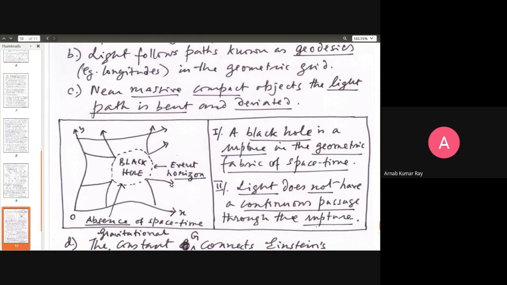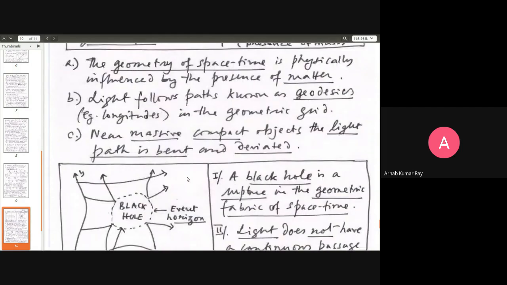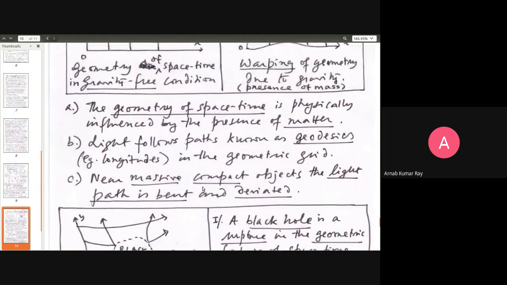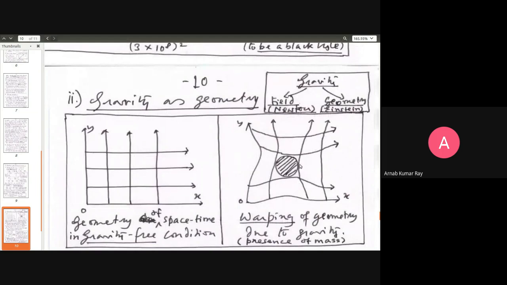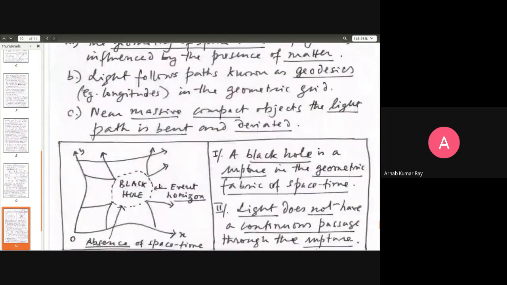But you will immediately say, okay, that is fine, but will space suddenly develop these little ruptures or tears in it? Well, the answer is not quite, not really. You would still need a very massive presence of matter, packed in a very small radius, to create this rupture in space-time.